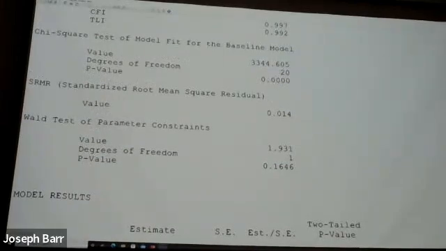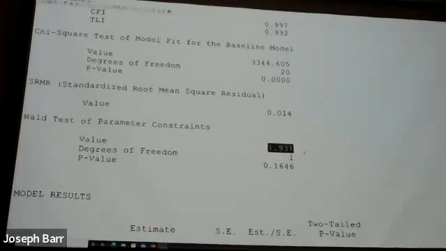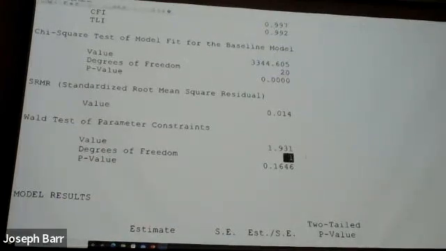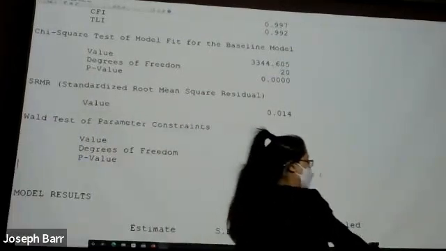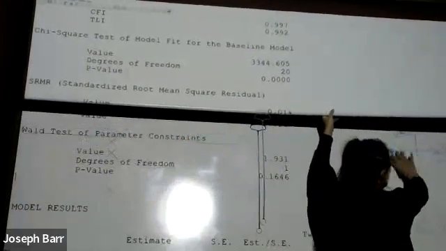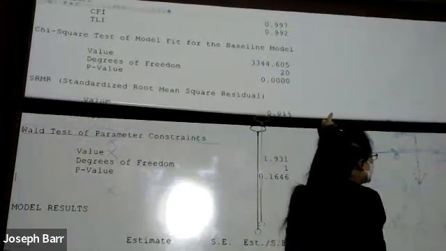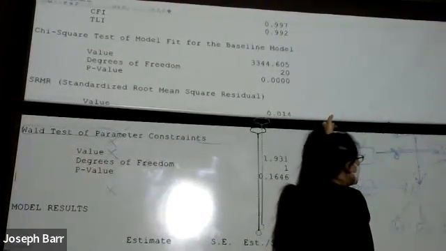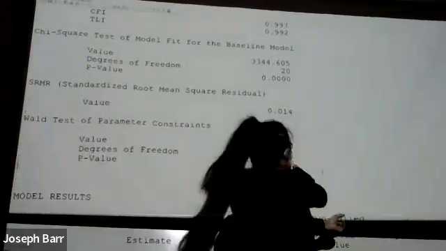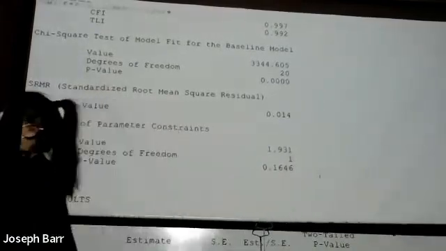Here, Wald test. Now we have conducted the Wald test on parameter constraint. The change in the chi-square value is 1.9. Degrees of freedom change 1. The p-value is larger than 0.05. So it is not significant. What does that mean? We should take the model without this path, which is a similar model, because the test is not significant.